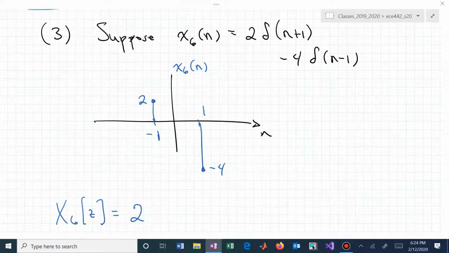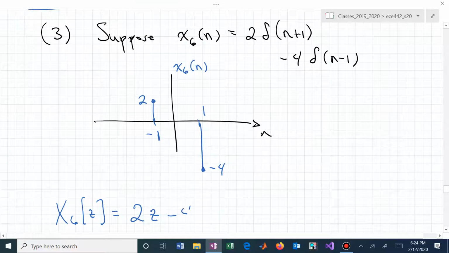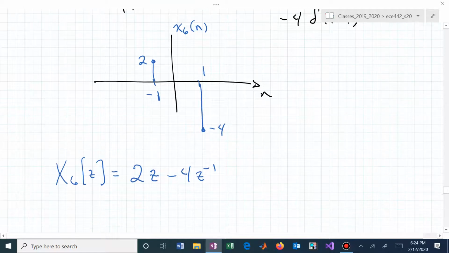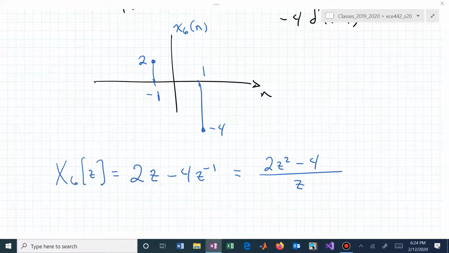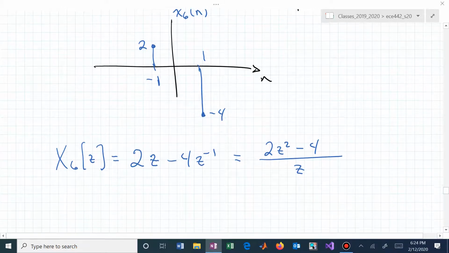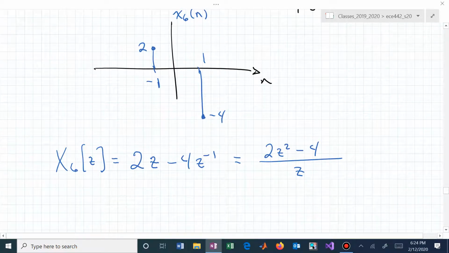Z to the minus 1 raised to the minus 1, or that's z. And then we have a minus 4, z to the minus 1. This is now a rational expression for x sub 6 of z, and what values of z allow this to remain bounded or give us a finite value?